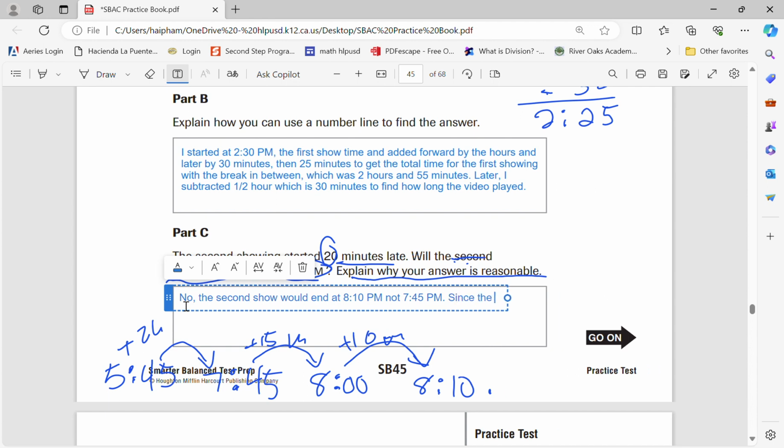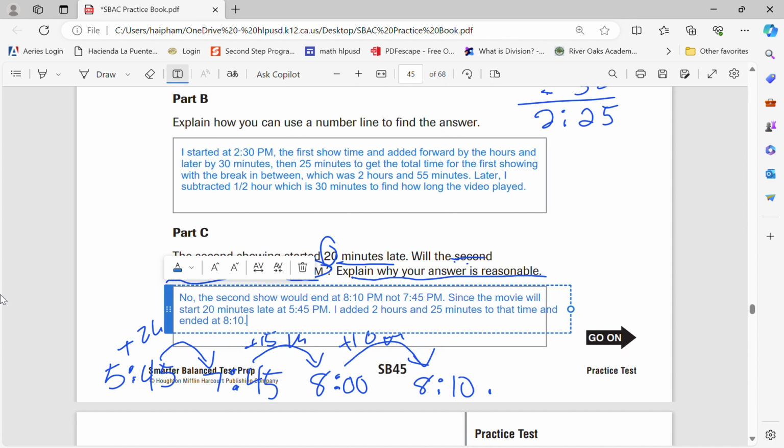Since the movie will start 20 minutes later, or late, at 5:45 p.m., I added 2 hours and 25 minutes to that time and ended at 8:10.